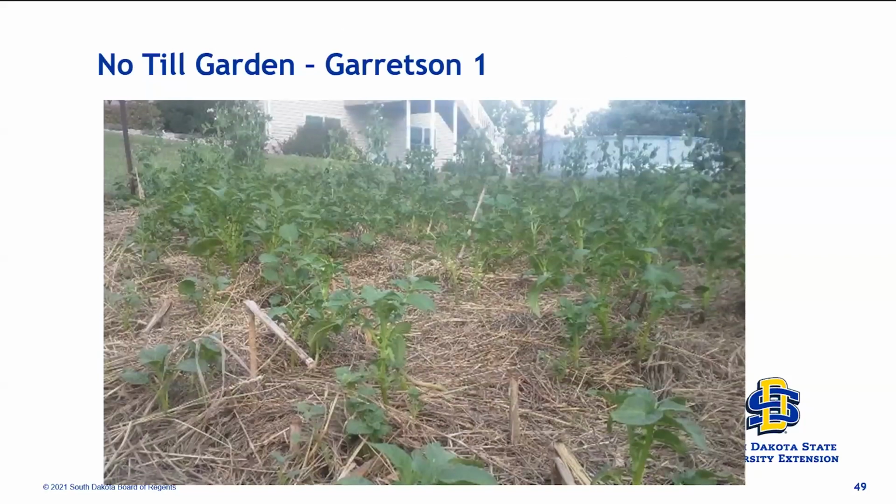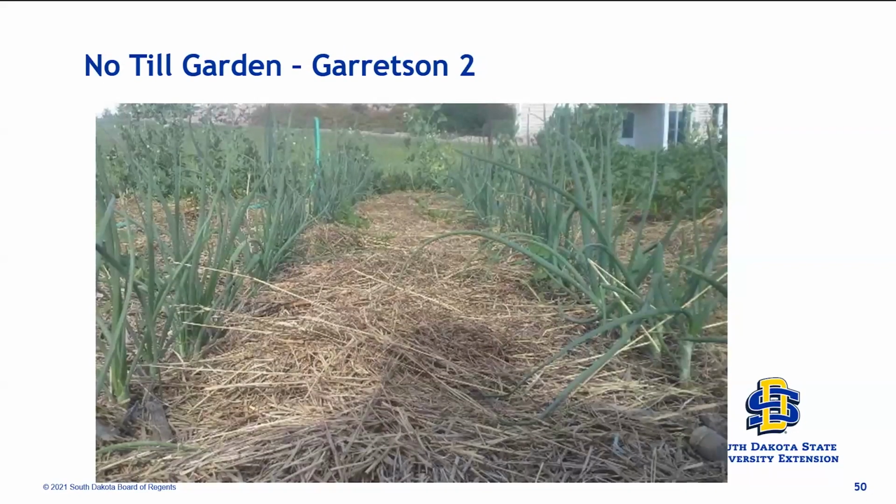Here's my first attempt at growing potatoes in no-till with the mulch covering them up. Here's some onions growing, and I just made a slot with my spade and planted the sets in there and pushed the soil back in on them, and then put the hay down in this case, or straw, anything that you'd like.